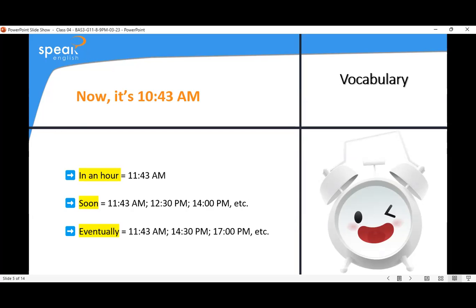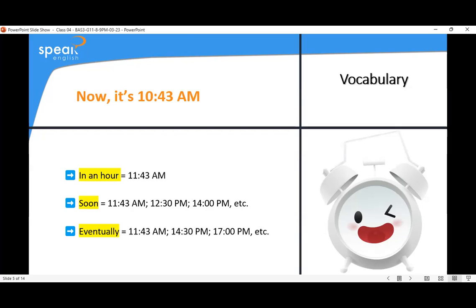If I tell you, I will work soon, it's going to be at some point, not now, but soon. Then I also have the expression eventually, which is similar. Not now, but at some point during the day.